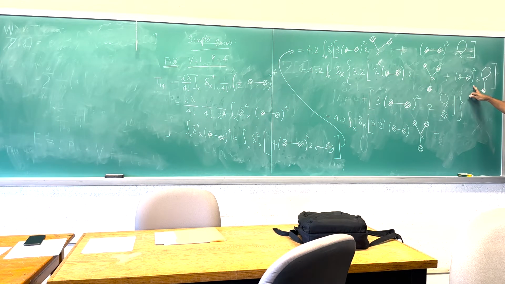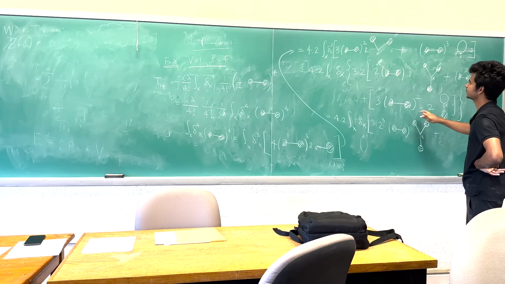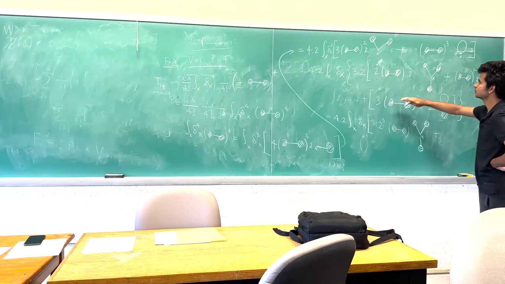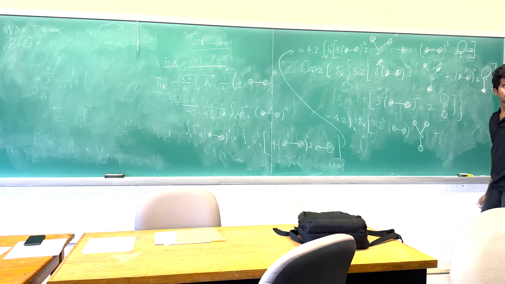It will be 3 times 6 plus. Do we still have 3 times 4 out? It's 3 times 4 plus 3 times 2.